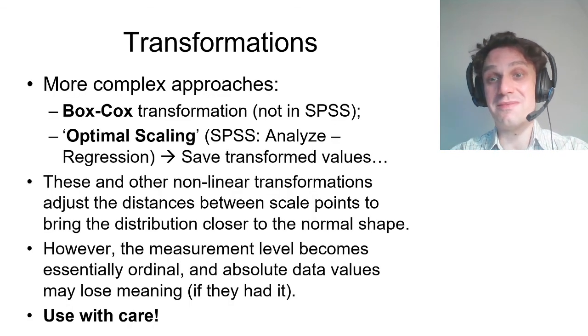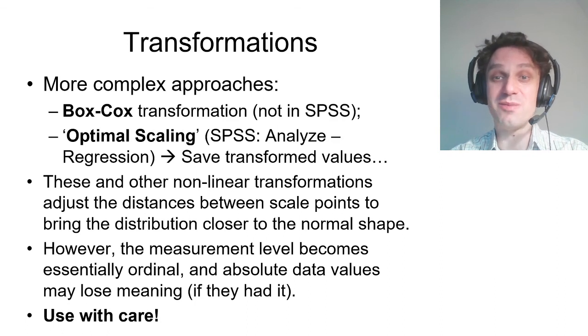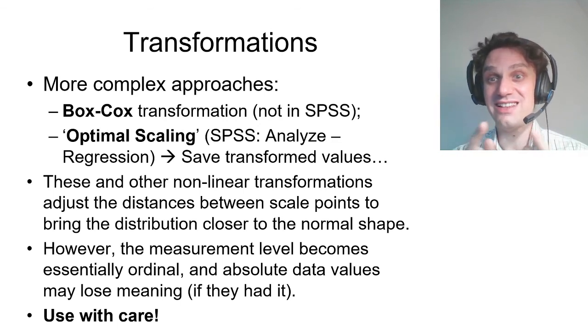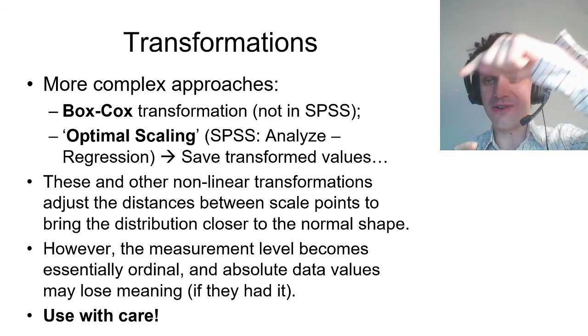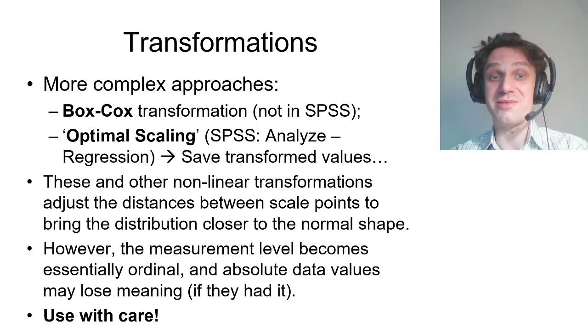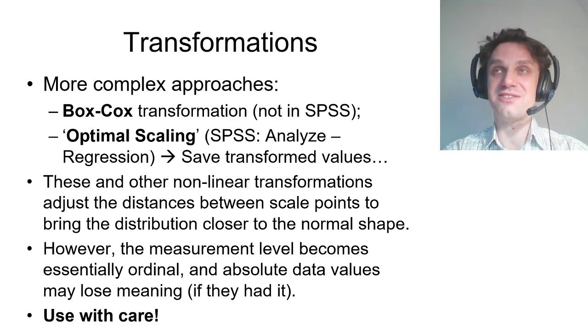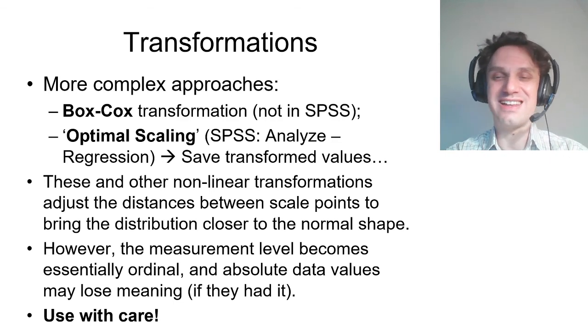Or there are some more universal transformations like Box-Cox transformation or optimal scaling that are trying to adjust the points on your scale to make this distribution more normally shaped. However, when we apply these transformations, we need to do it very carefully because they are nonlinear transformations that can change substantially the properties of our data.